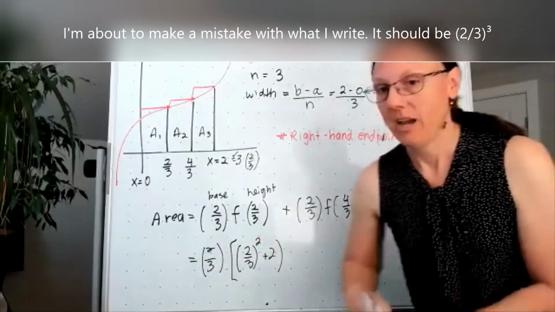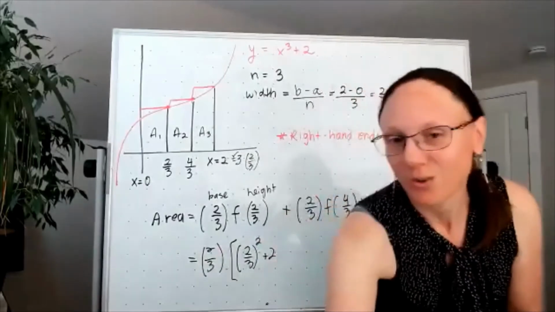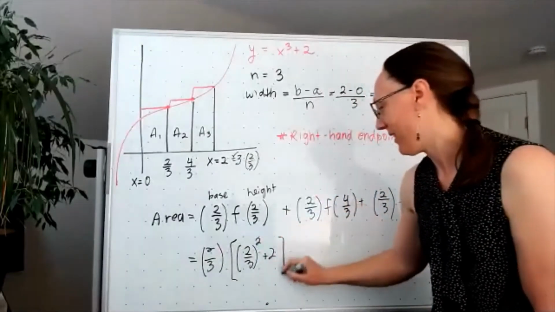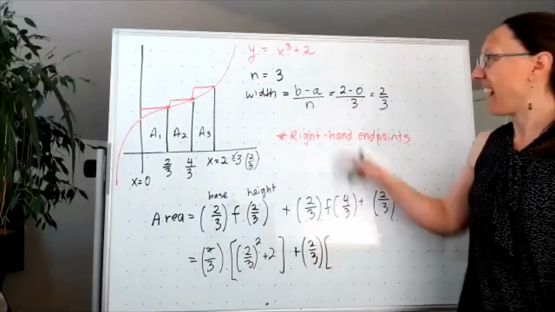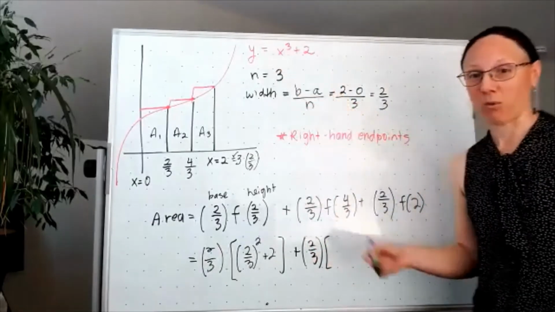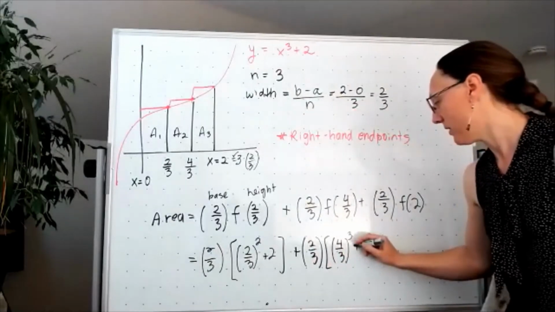Oops. I used a bracket the first time. For consistency of my notation, I'll use a bracket over here too. Plus 2/3 times F of 4/3. So now I'm plugging in 4/3 and I've got 4/3 cubed plus 2.